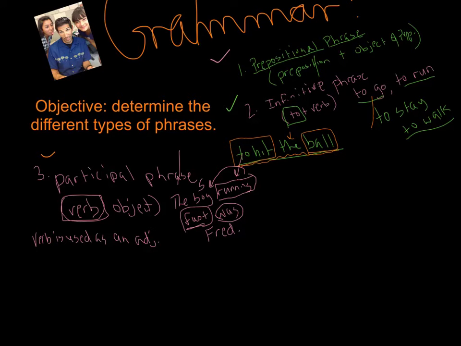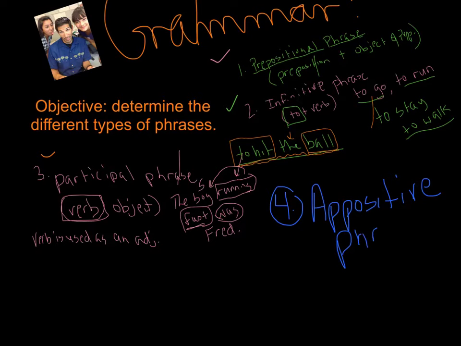However, I almost forgot one final phrase. So our final phrase, sorry, we call this an appositive. And appositive phrases are phrases that are modifiers again, but they start with nouns.